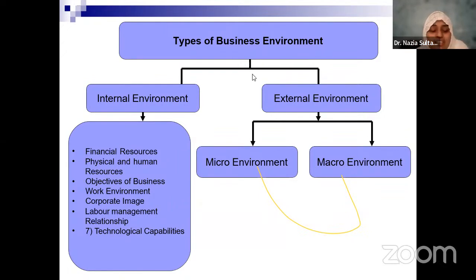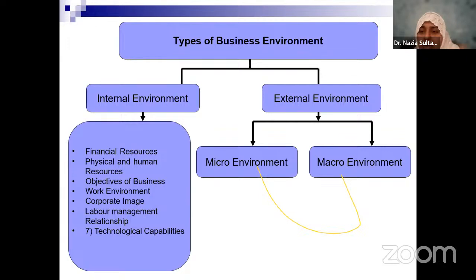Some issue, right? So, work environment, where we talk about the culture of a company, or what kind of social relations are there in the company, which will have an impact on how the business actually is being run, how the activity internally is being done, which again is in the control of a business to a greater extent.